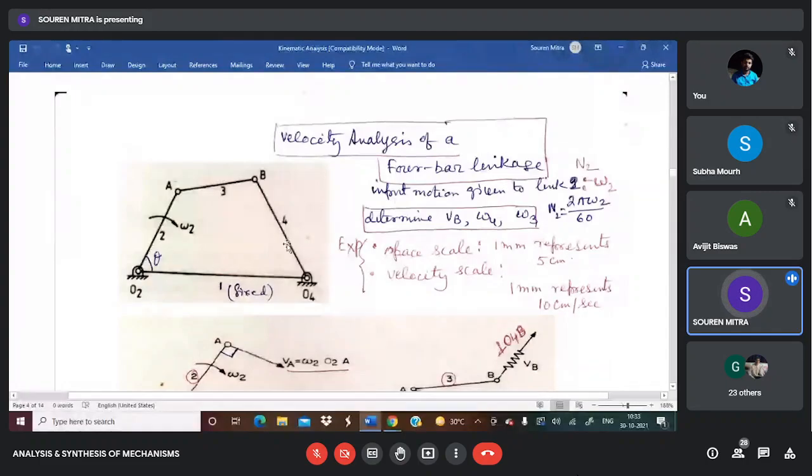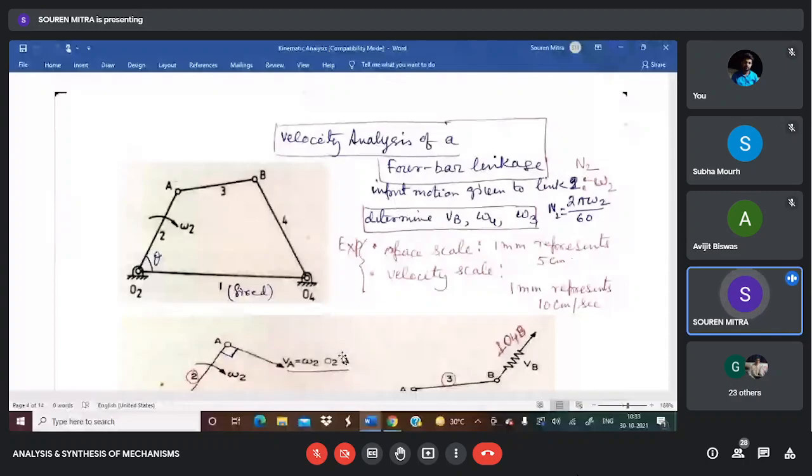So this is the given task: the forward linkage is given with all link lengths, theta, and n2 or omega 2, and we have to determine the velocity at B and the angular velocities of 4 and 3.